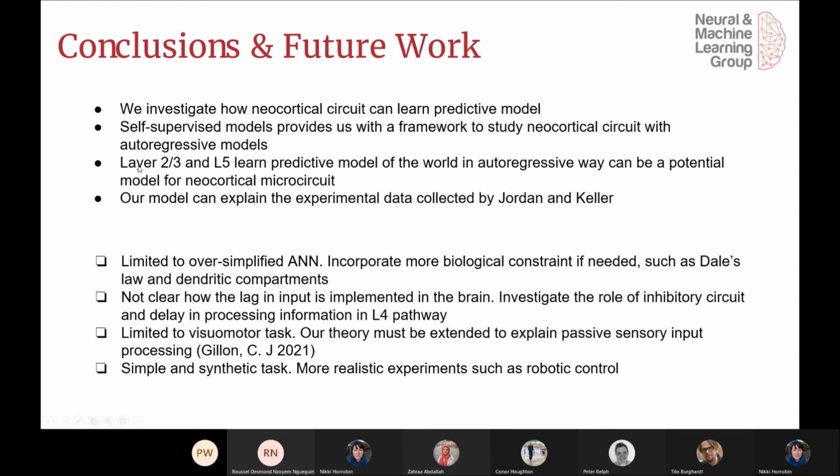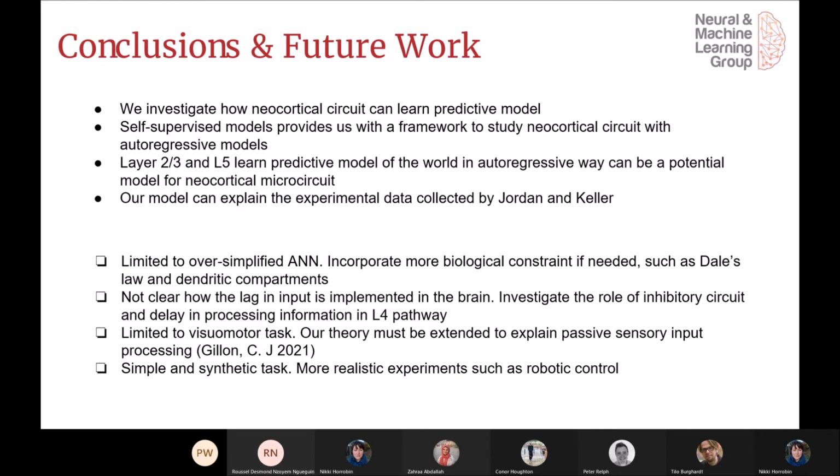The other thing is that we only explain the visual motor task. The mice were running, so it involved motor cortex and visual cortex. But another recent study by Colin did the same recording in layer 2, 3, and layer 5, but the mice were just looking passively at visual input.